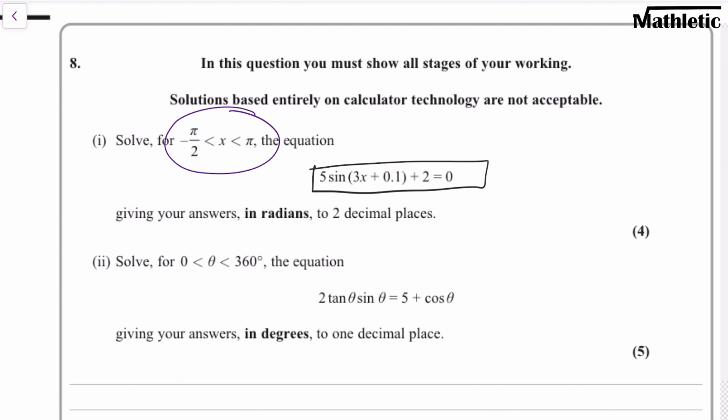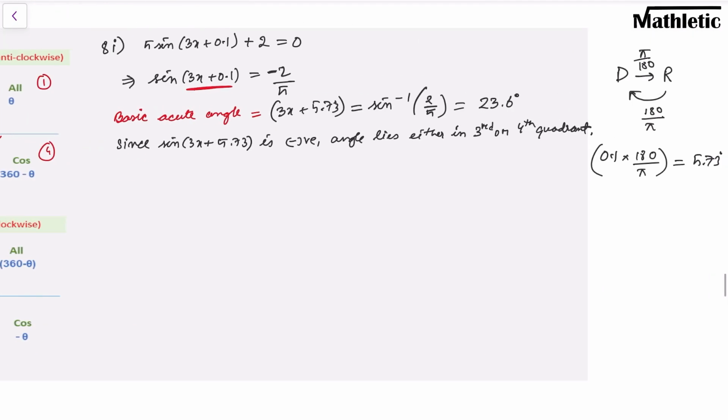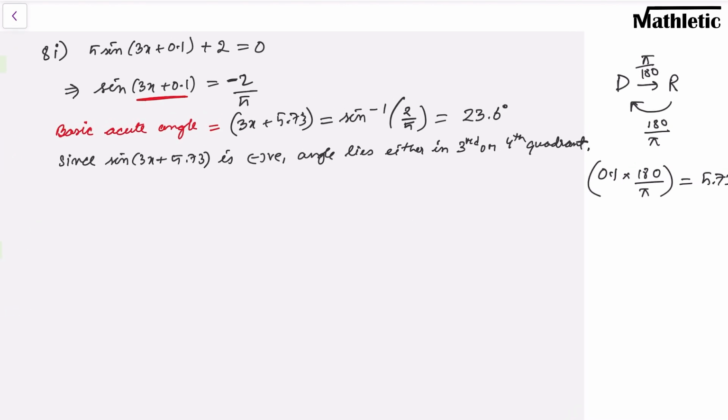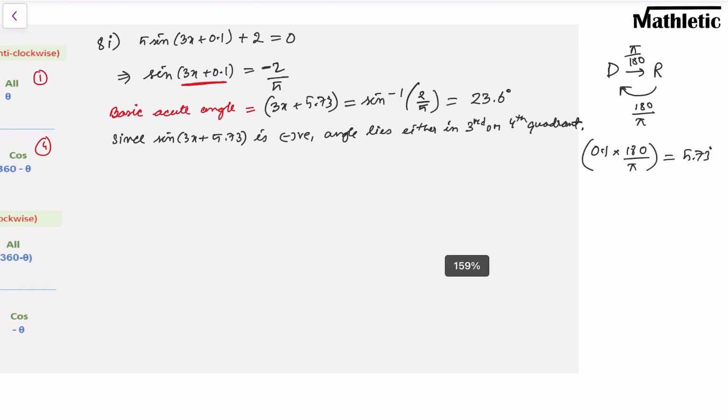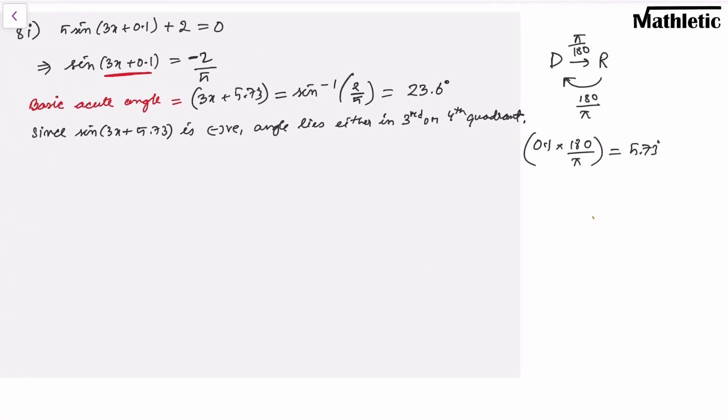The given range of x is minus pi by 2 less than x less than pi. Since I will be dealing with degree mode, I will use 180 instead of pi. So this will be 90 and this will be 180.